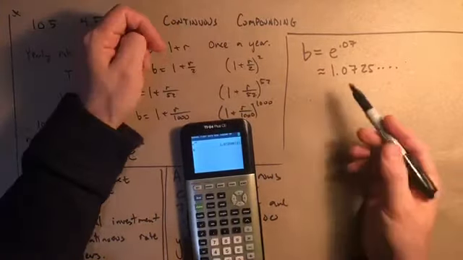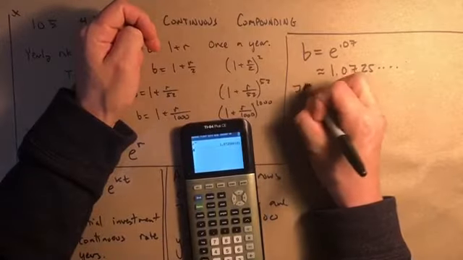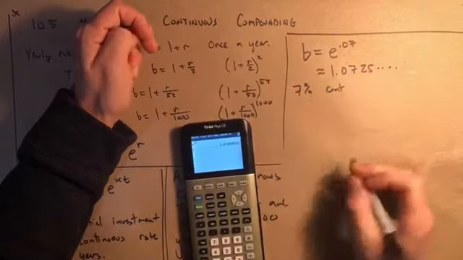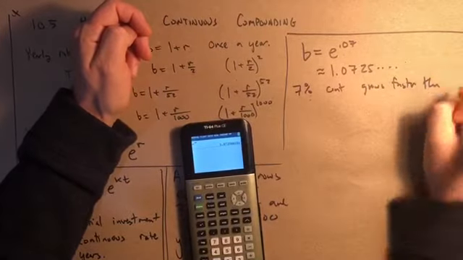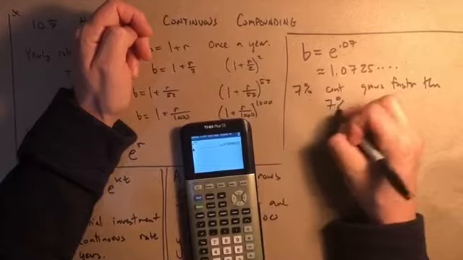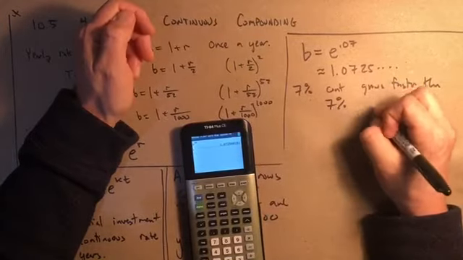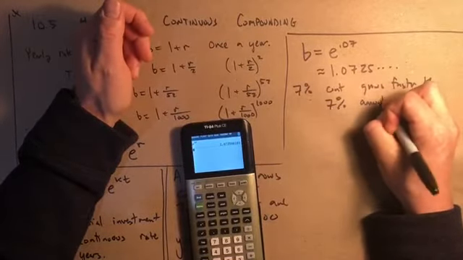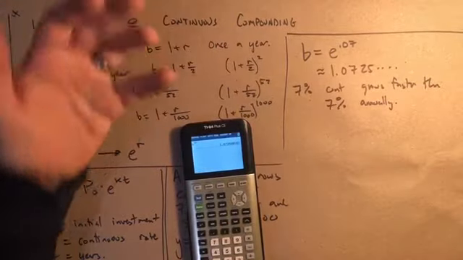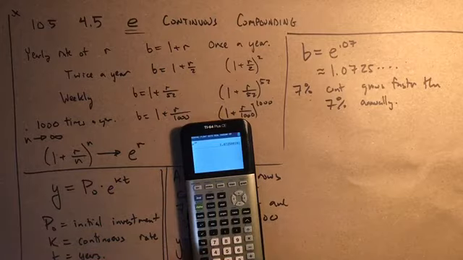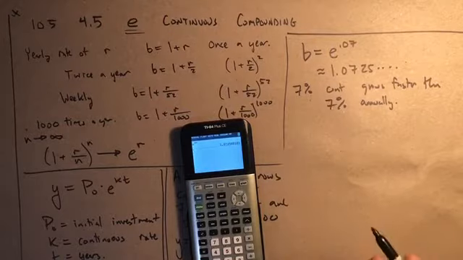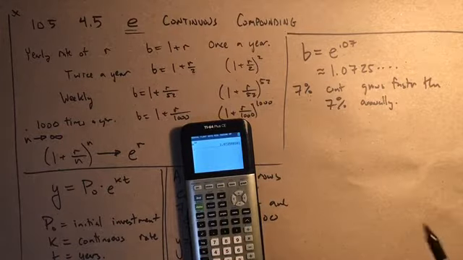That when I'm growing at 7% continuously, it grows faster than 7% per time period or annually. And this will be true of all things. If I have e to any number, it's going to be greater than 1 plus that number, because continuous growth is faster than annual growth.